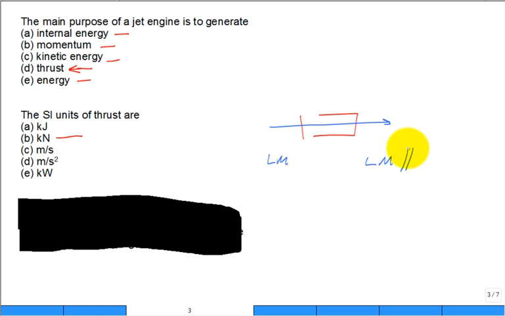The linear momentum flow rate went up tremendously, huge. And the only way that happens is there's an effective force pushing on it in the direction of increasing linear momentum flow rate. But whatever is pushing on the gas is probably something like the metal of the engine, and the gas is pushing back on the metal of the engine.